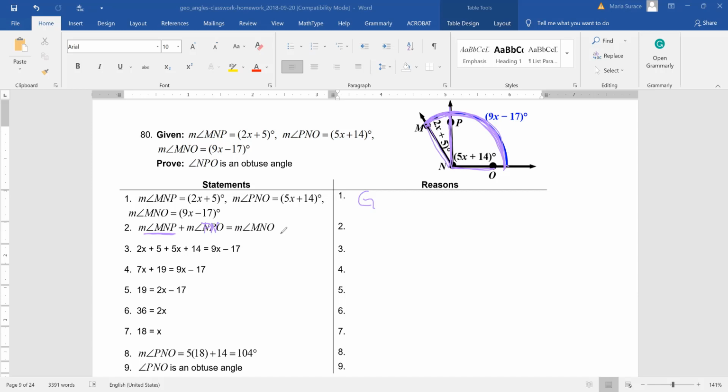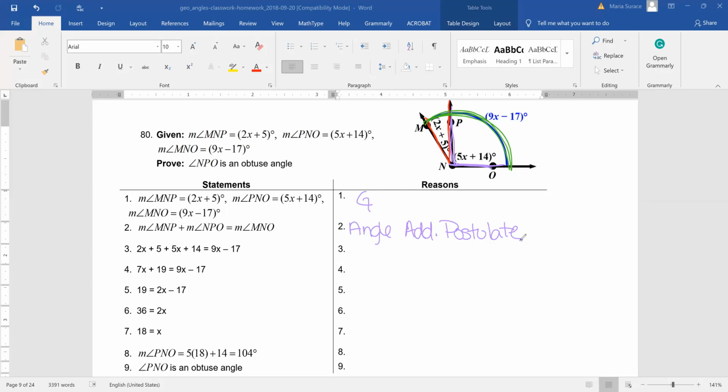So once again, our step 2 is going to show that this little angle MNP plus PNO are going to equal your total angle MNO. We are able to say this because of the angle addition postulate. So we'll write angle addition postulate. Remember, a postulate is just a rule.